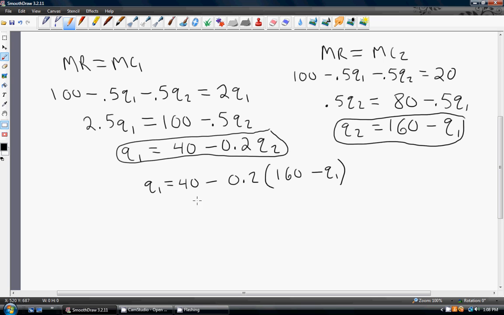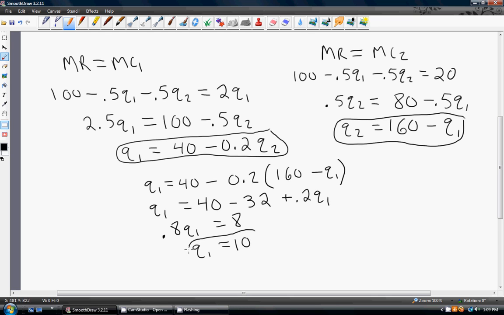Now we're going to simplify this a little bit, and we get that result. Simplifying some more, we get the amount of output that this firm would like to produce in plant 1.